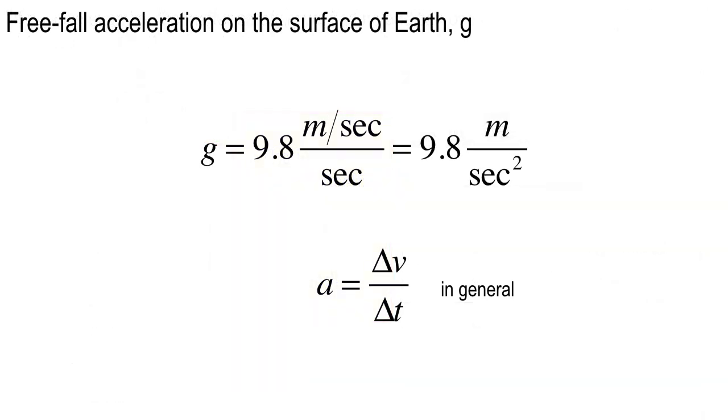All right, so free fall and acceleration. Free fall acceleration on the surface of the Earth is approximately 9.8 meters per second squared. And go ahead and make a side note to yourself. This is true also at the top of Mount Everest.